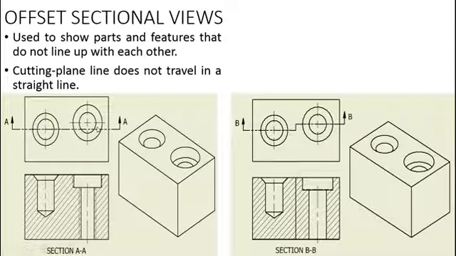For example, if we attempt to cut this in half as shown with section AA, our result will be section AA, which is here at the bottom. Let's look at this section in detail.